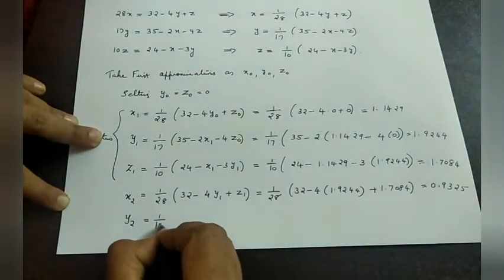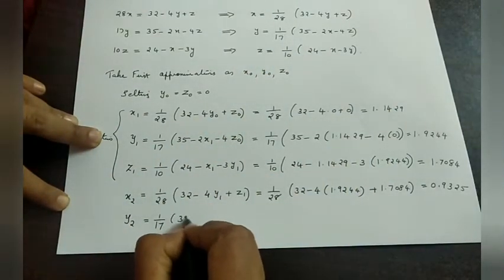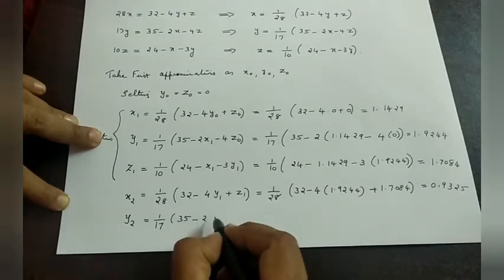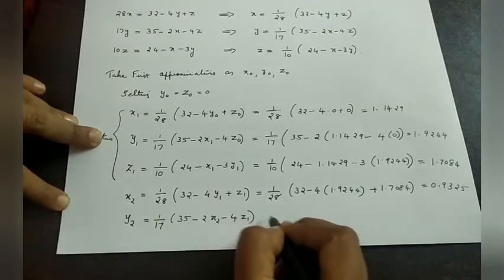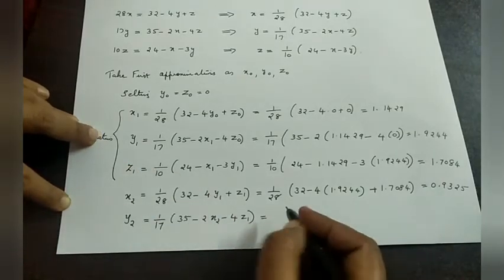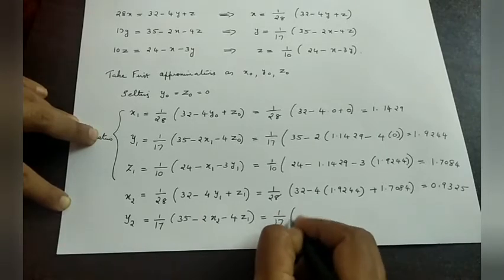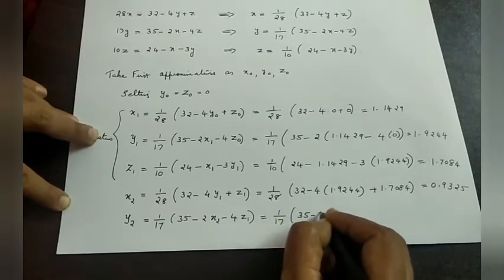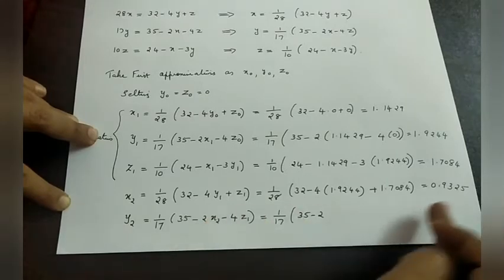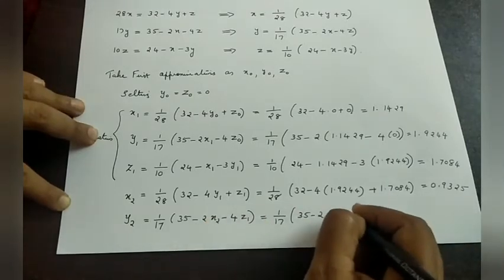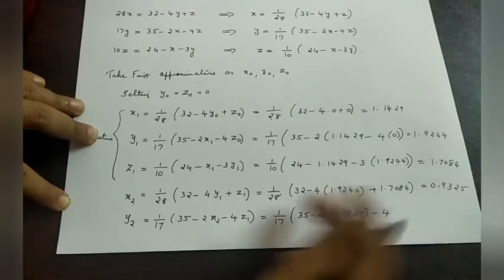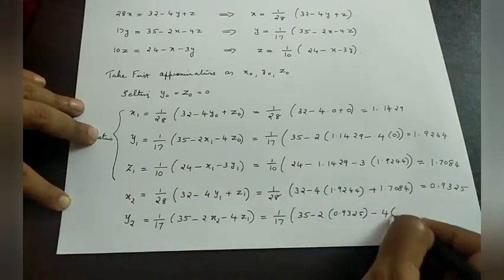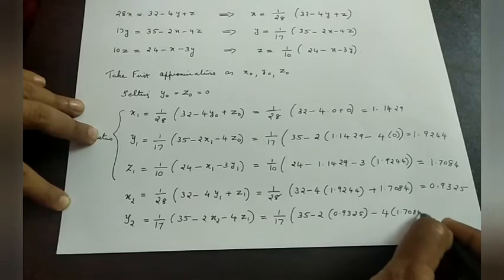And y2, the same formula we can use. It is 1 by 17 into 35 minus 2 into x2, already found, minus 4 z1. Substituting the previous values, 1 by 17 into 35 minus 2 into 0.9325, minus 4 into the value of z1, 1.7084.